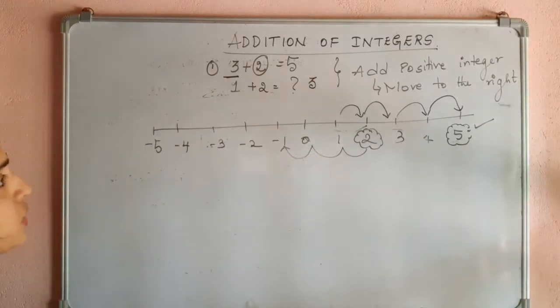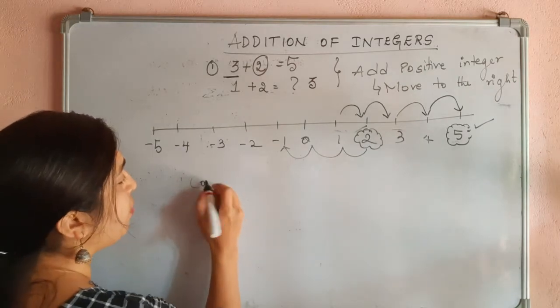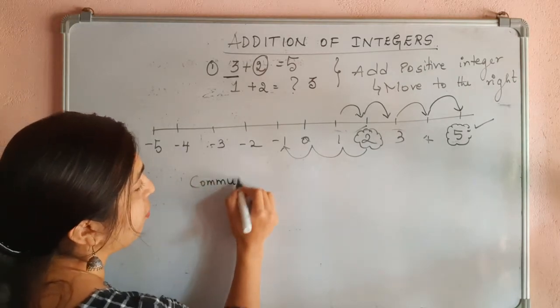Next, what we can say, commutative property.